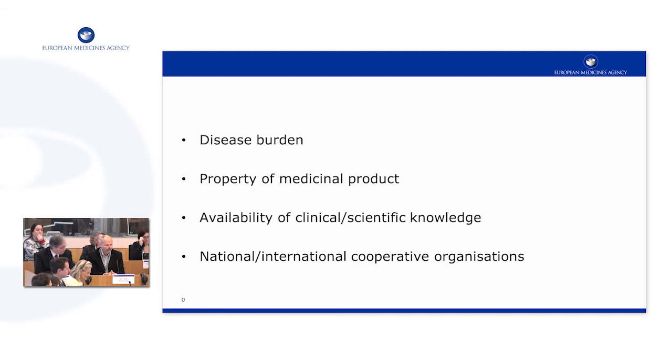So in my view, I have divided the morning into 4 areas. One on the disease burden, one on the property of the medicinal product. Apologies to Gilles that the drugs are not really out of scope here. The availability of clinical and scientific information and knowledge. And finally, the national and international cooperation and organizations available, and so forth.